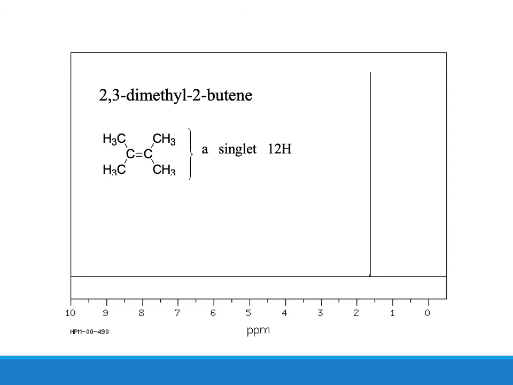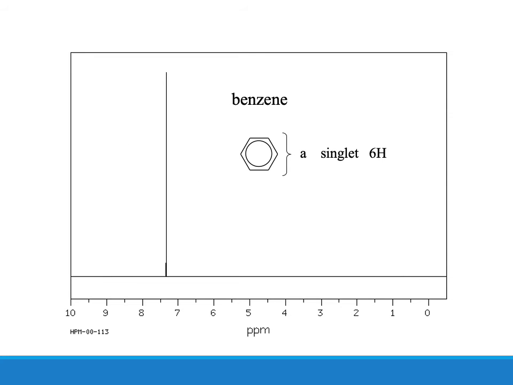Also for 2,3-dimethyl-2-butene, we have 12H. It's a singlet, and we don't have any splitting. For benzene also, it's a singlet, 6H.